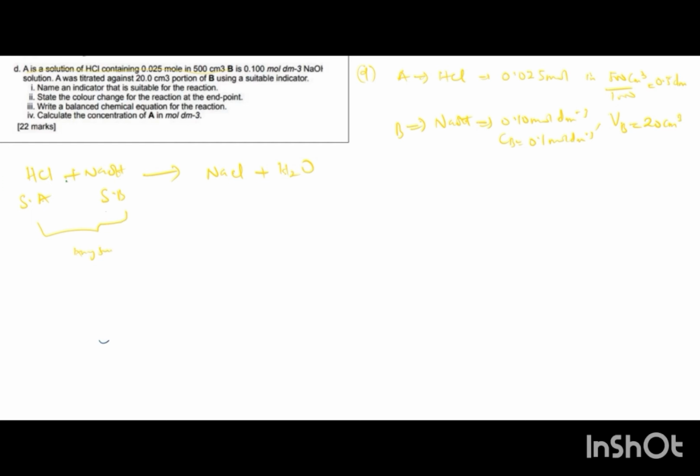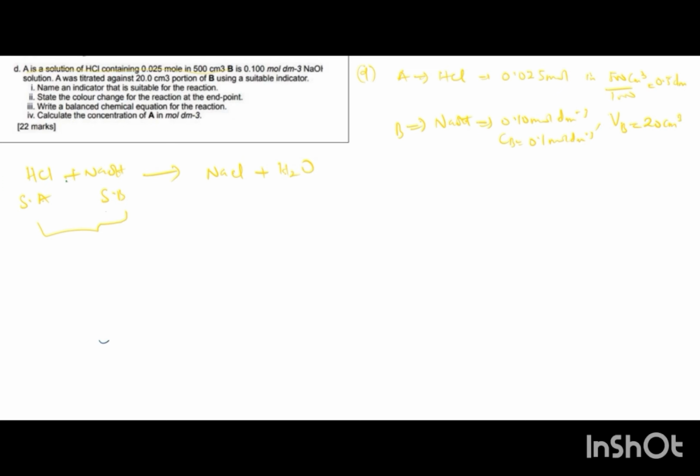Note that methyl red gives pink, phenolphthalein gives colorless at the end point, and methyl orange gives reddish orange for strong acid and strong base. Note that, for strong acid and strong base at the end point.